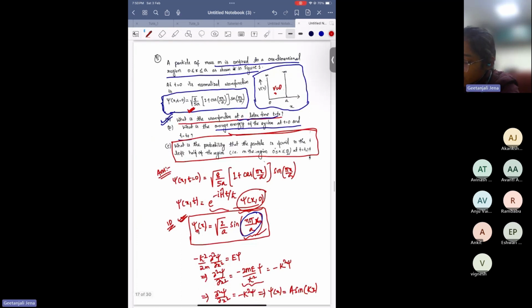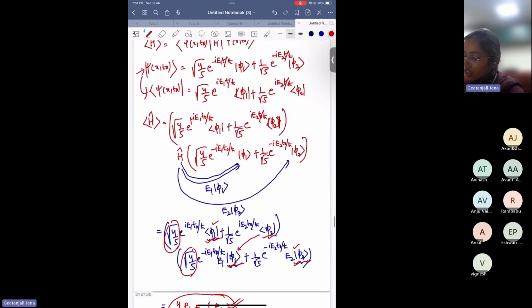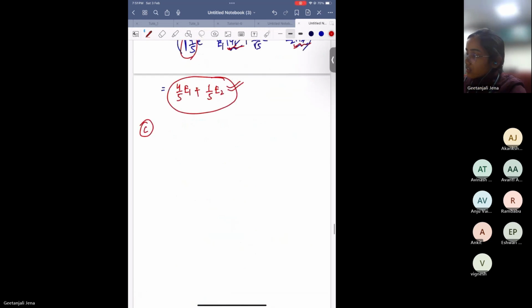Now it is asking: what is the probability that the particle is found in the left half of the region, x lying between 0 to a by 2, at t equal to t0? So probability, I have told you how to calculate probability.